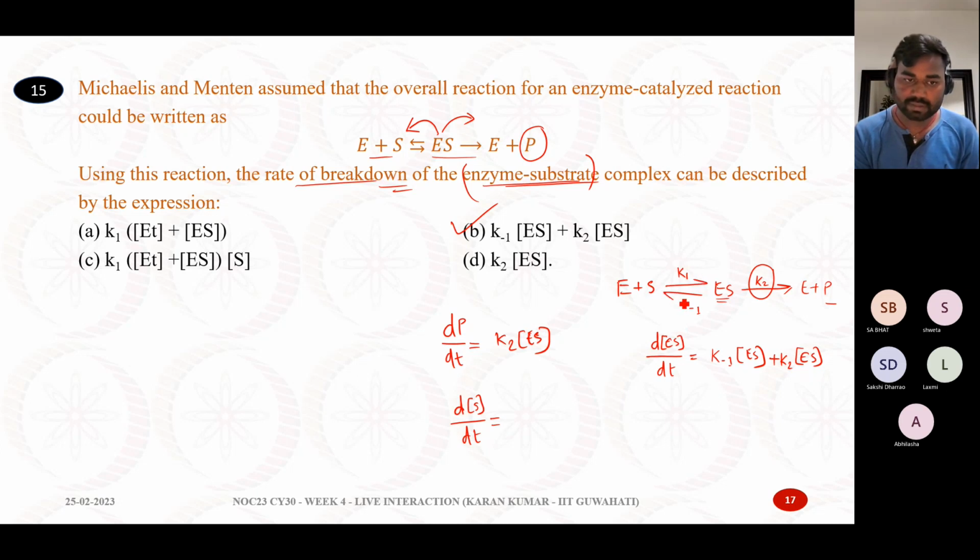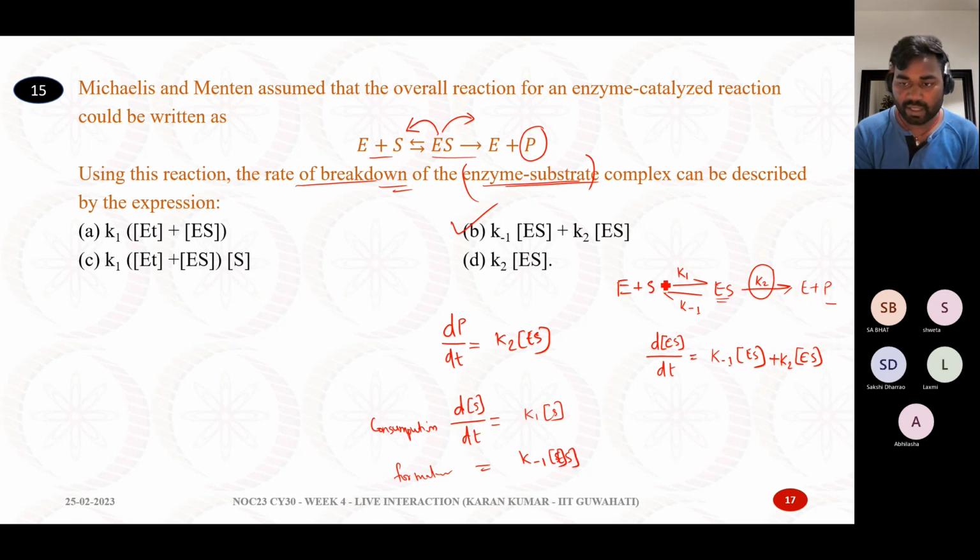K1 S. If you are talking about the consumption, this will be K1 S. If you are talking about the formation, it will be minus K1 ES.